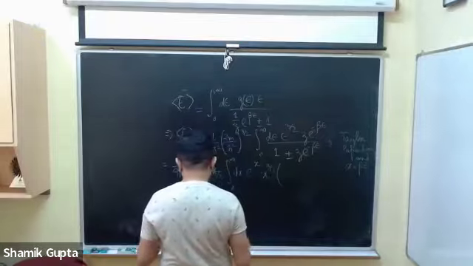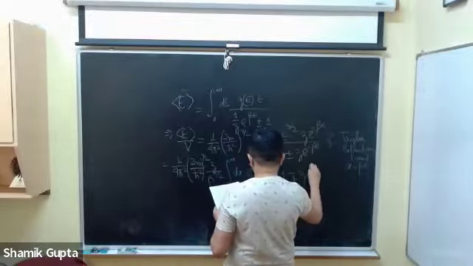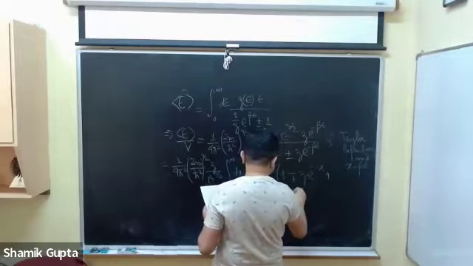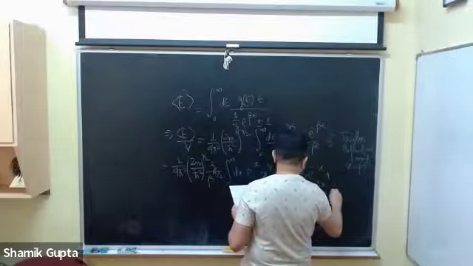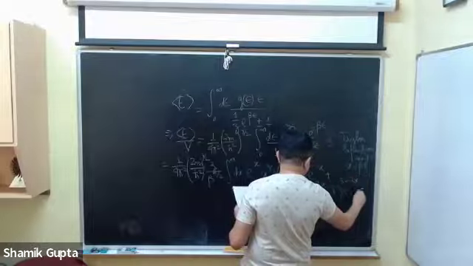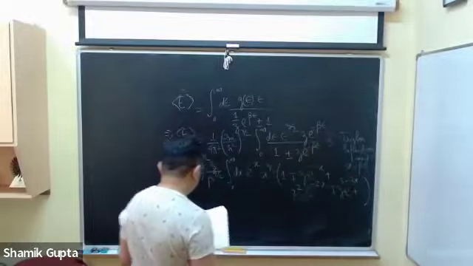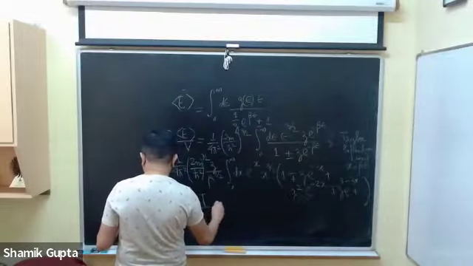And now we have the terms from the Taylor expansion: 1 minus plus z e to the power minus x plus z squared e to the power minus 2x minus plus z cubed e to the power minus 3x, and so on. So now we have to deal with an integral of the following kind.